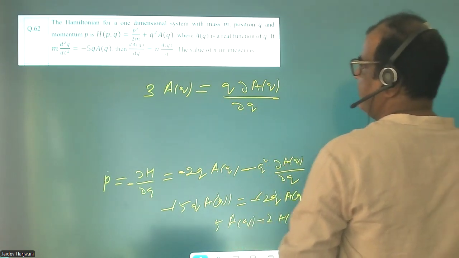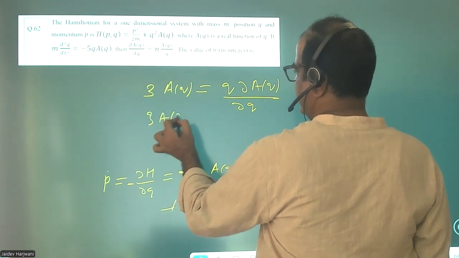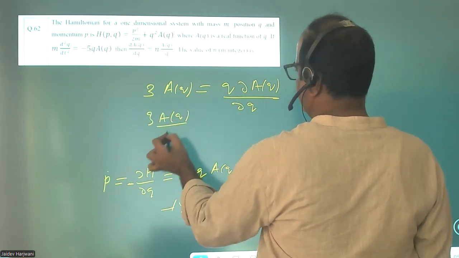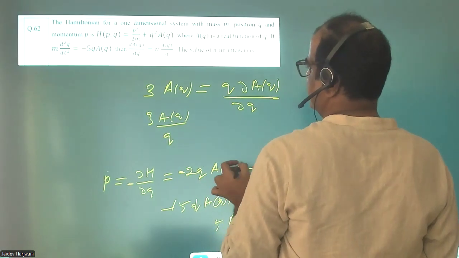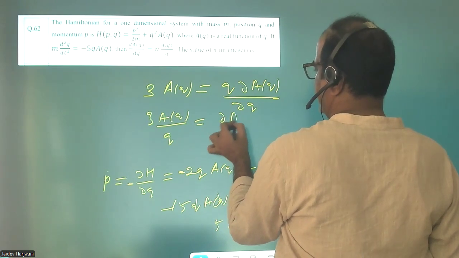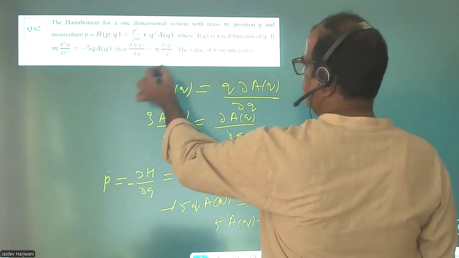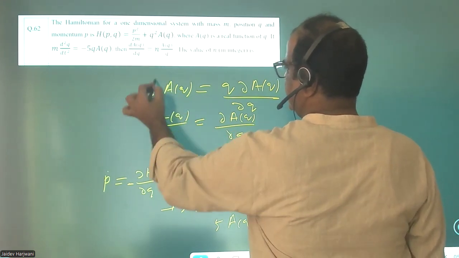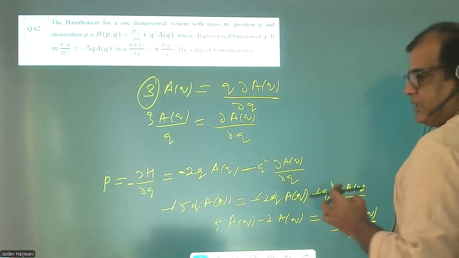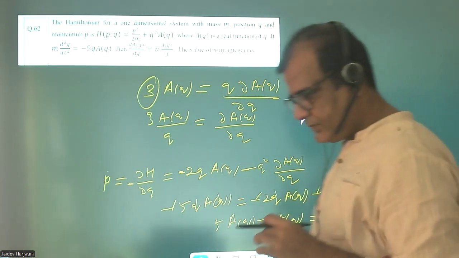And now we can simplify it further. So this becomes 3 AQ by q, and this remains only del AQ upon del q. So this is the expression, and here n value is 3, okay? So the n value is 3 for this question.